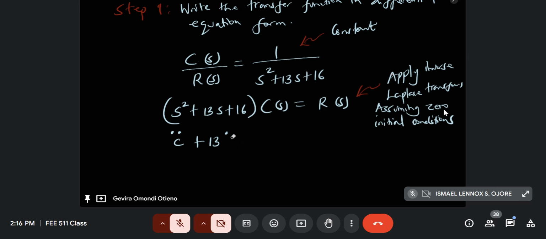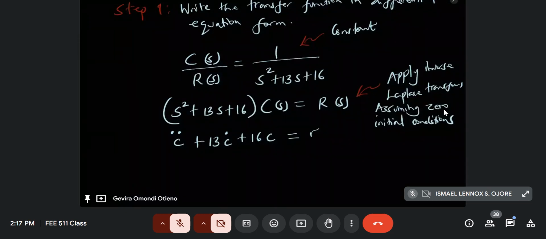I've done this a long time ago, so I keep confusing it. So it's the second derivative of c, plus 13 times the derivative of c, plus 16c, equal to r.